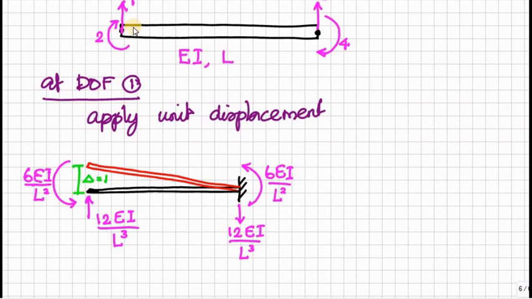Here this direction is assumed as 1, therefore the force along that direction is K1, measured when unit displacement is applied at 1. That means K11, so this represents K11 in the positive sense.